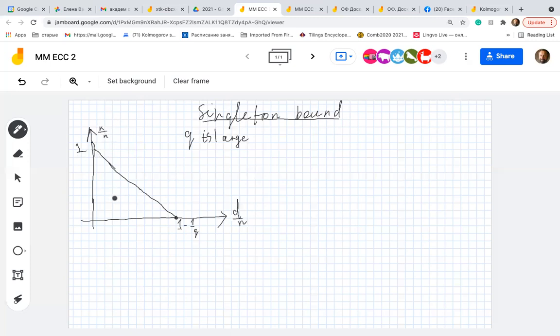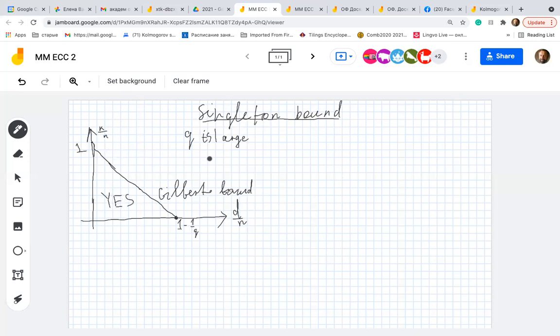So, the Gilbert bound indicates the area where there is a code. So this is the yes area. For these values of parameters, we know the code.